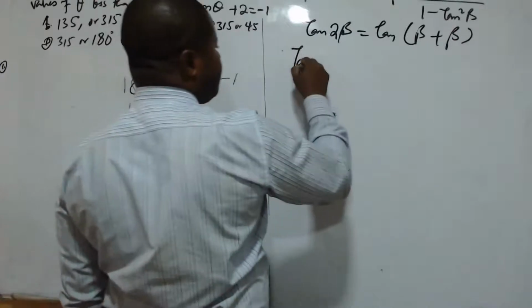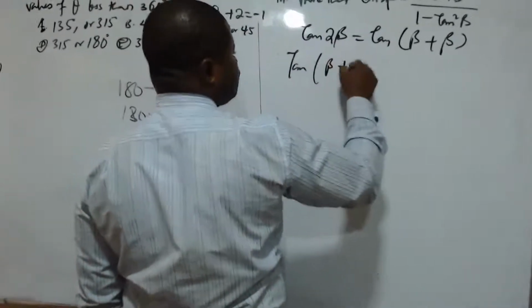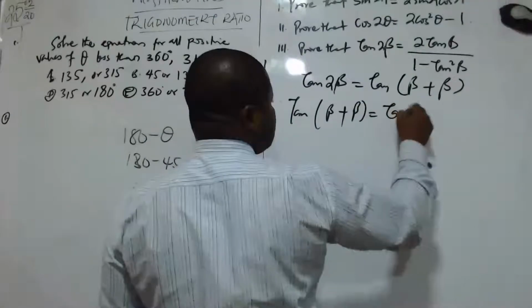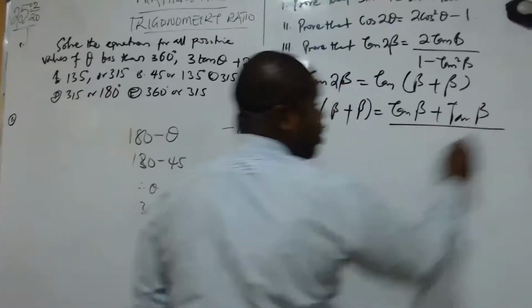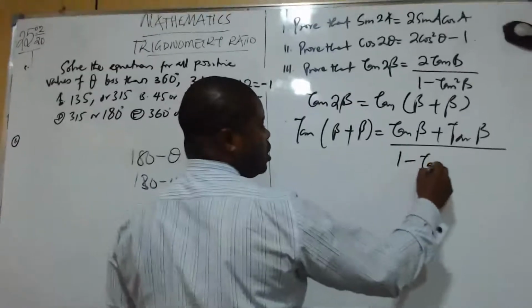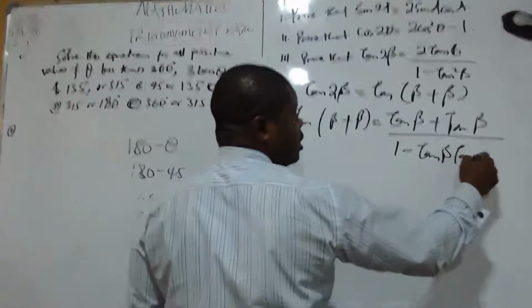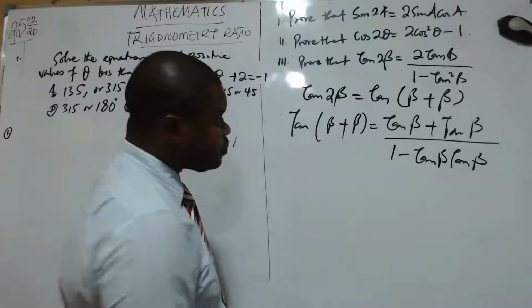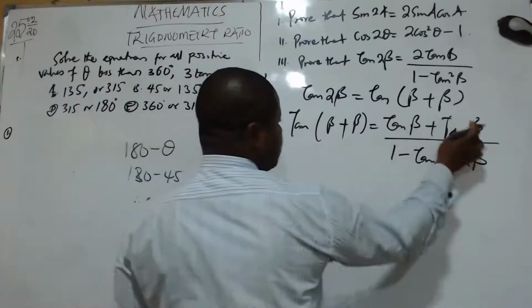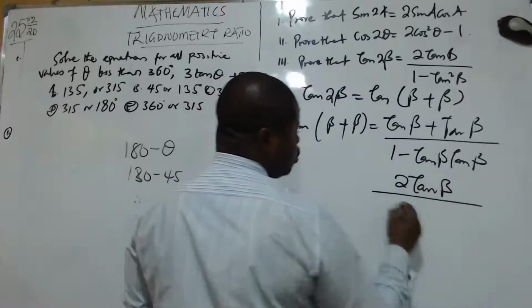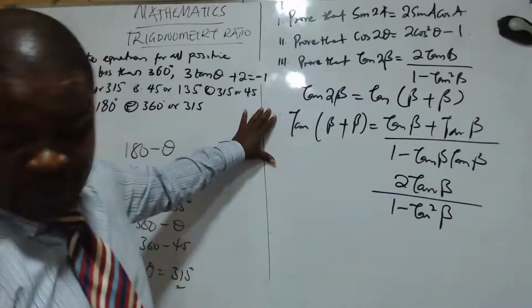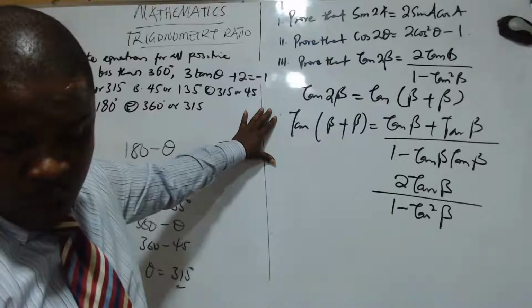And for tan beta plus beta, we are going to have tan beta plus tan beta over 1 minus tan beta, tan beta. So this plus this will give us 2 tan beta over 1 minus tan squared beta. Third concept of this trigonometry.